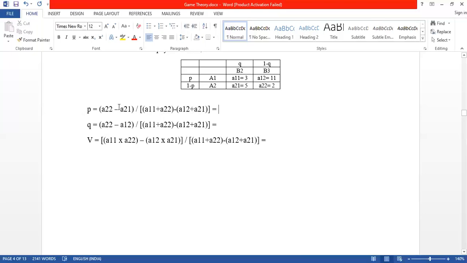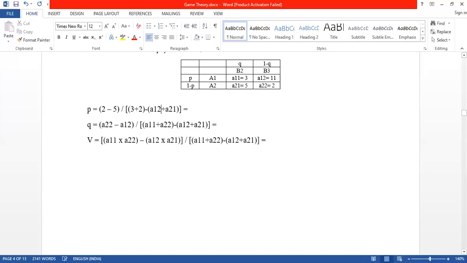So let me change here only. So it is A22. A22 is 2. A21 is 5. A11 is 3 plus A22 is 2.